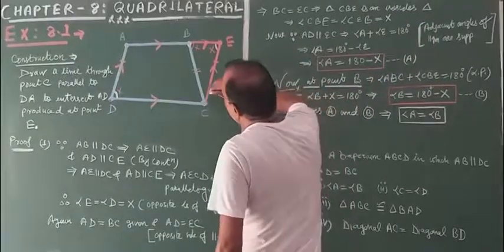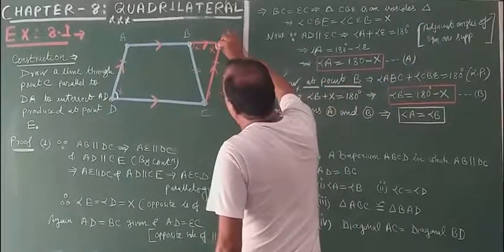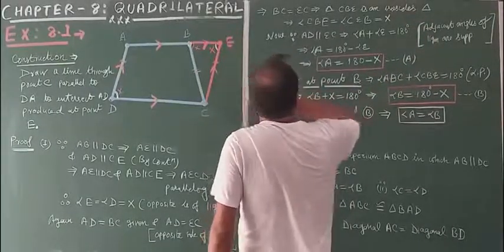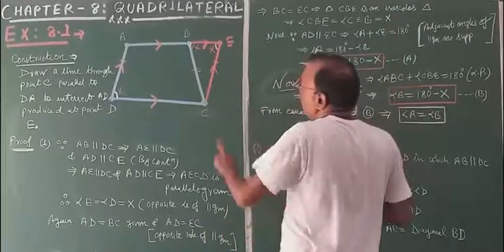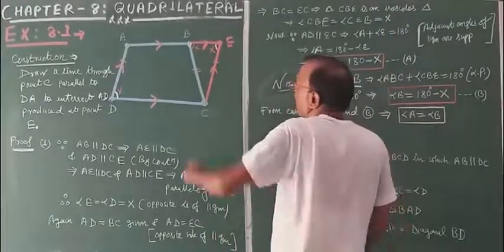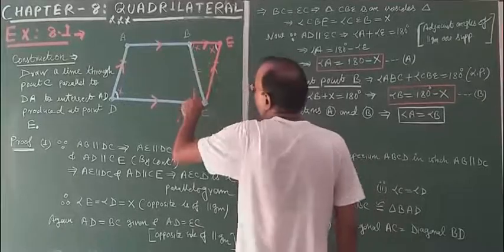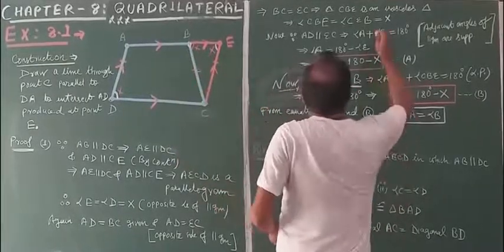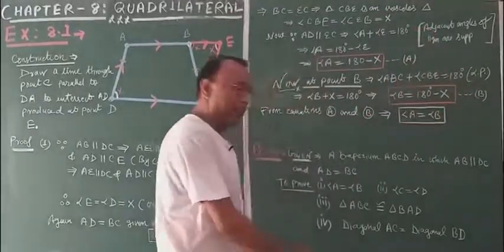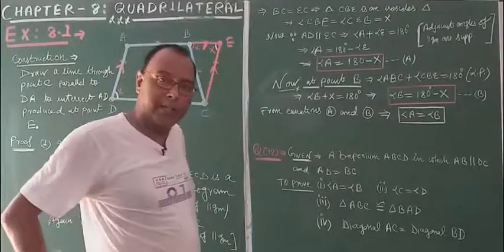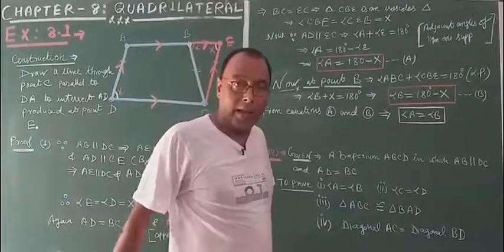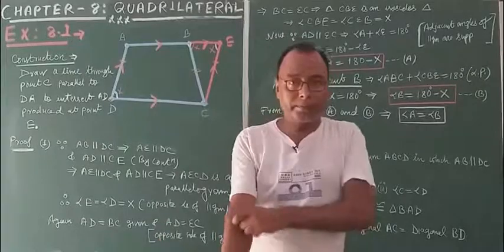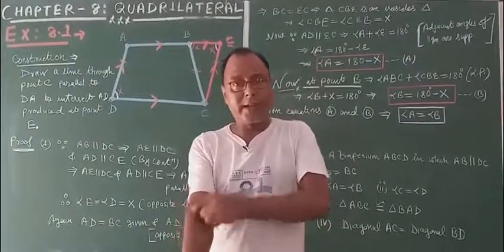Therefore angles CBE and CEB will be equal. And if this angle is X, therefore angle CBE is also X, because the base angles of an isosceles triangle are equal, or angles opposite to the equal sides are equal.